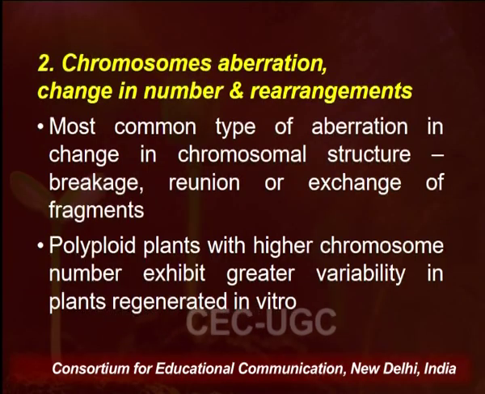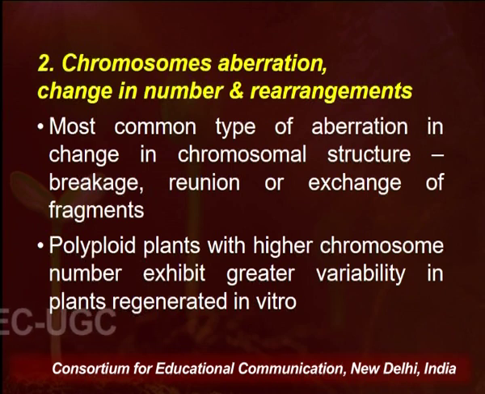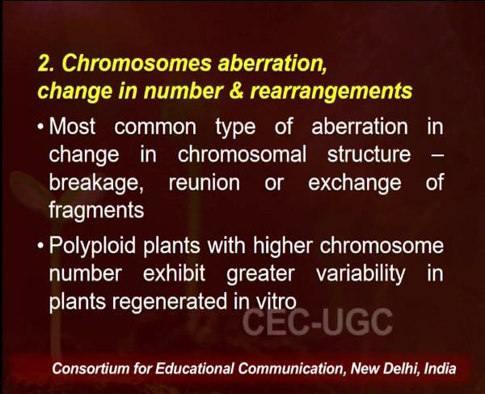Second pre-existing reason could be chromosome aberrations or change in number or their rearrangement. And if we look into the plant tissues, the most common type of aberration is the change in the chromosomal structure. Either the chromosome is fragmented or there is a reunion or exchange of the fragments of the chromosomes.